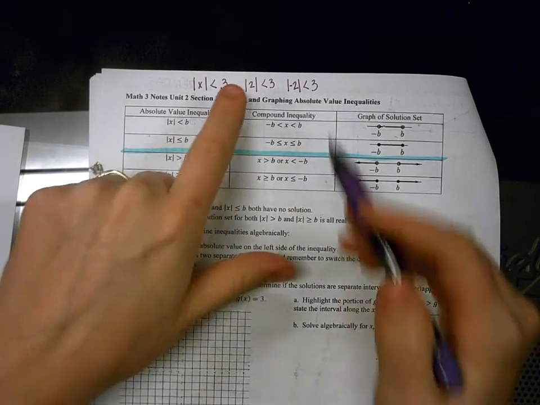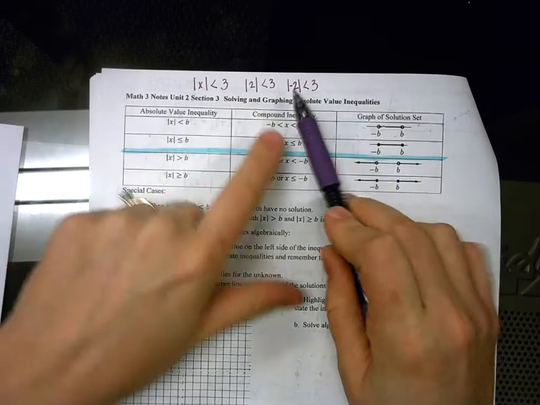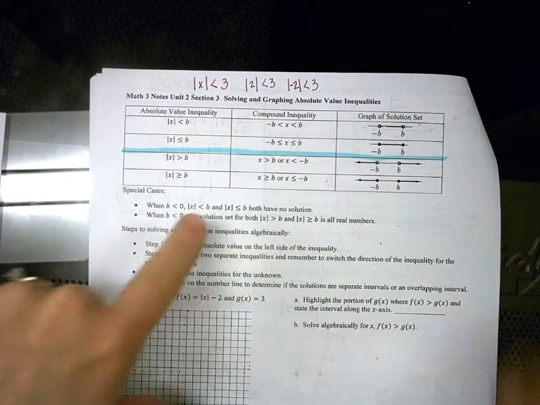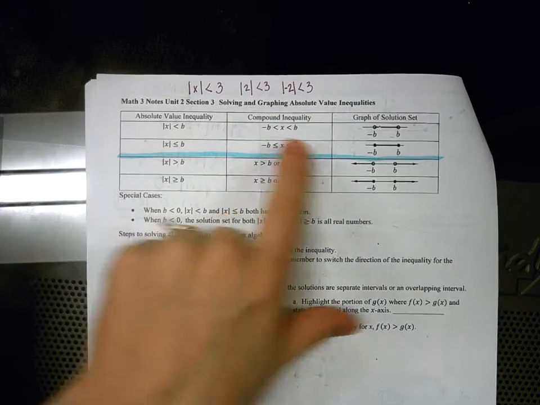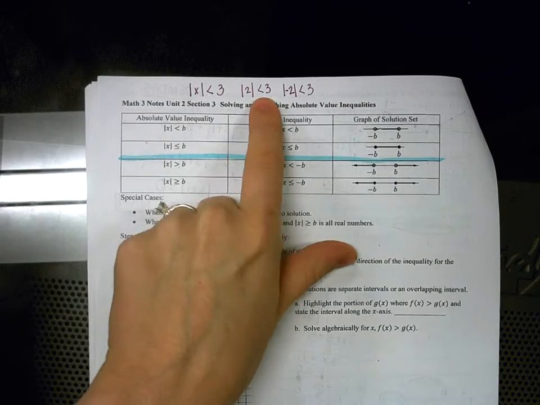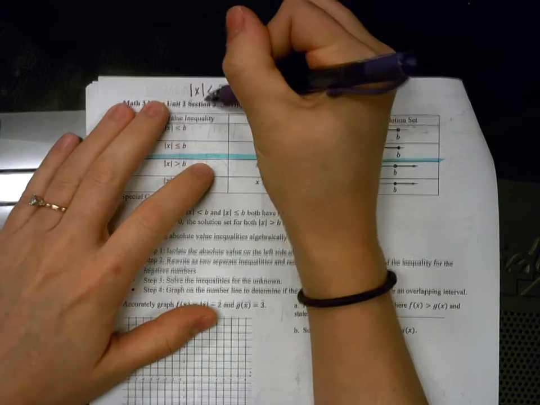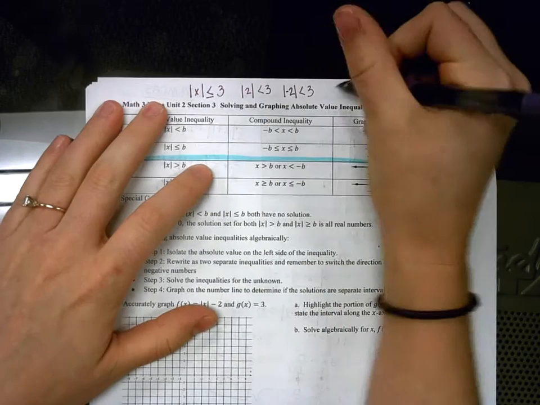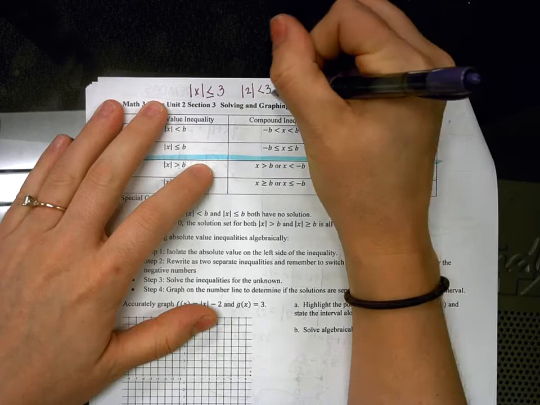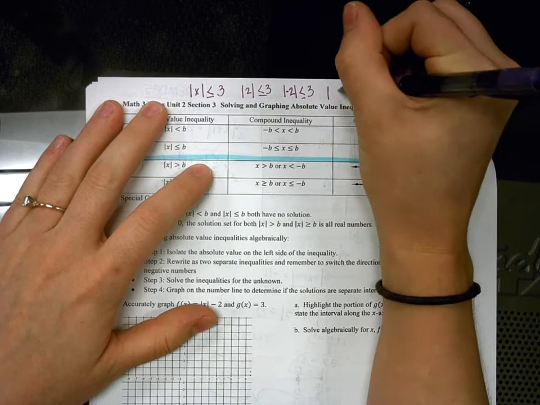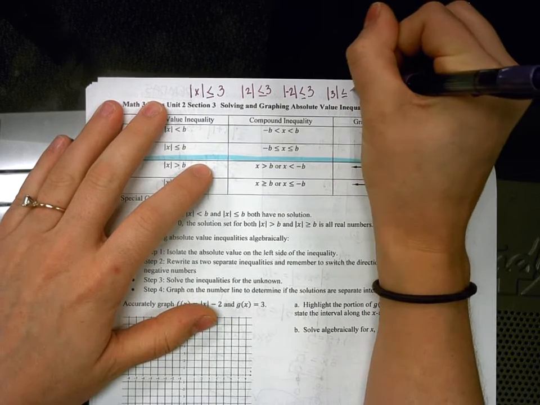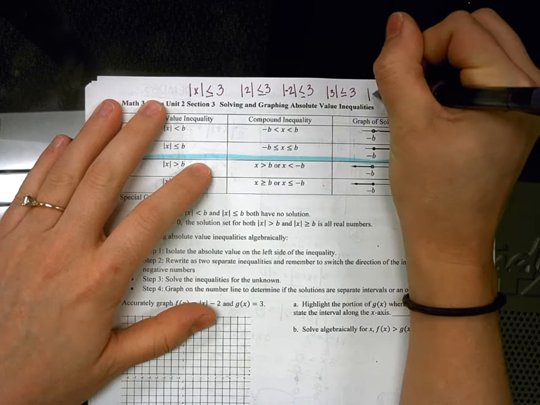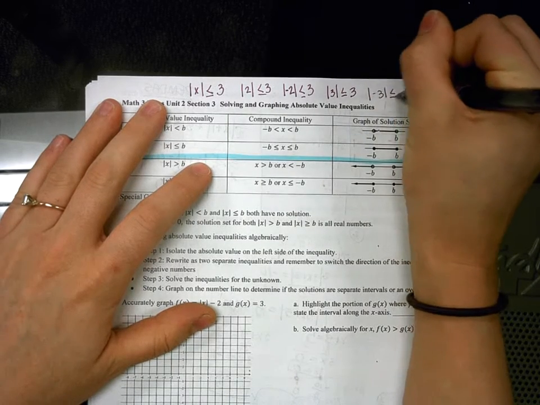So I have a positive version and a negative version. Same thing with 3. I'm going to get an open point if I have no equal to sign, but if I have an equal to sign, I could choose 3: the absolute value of 3 is less than or equal to 3, and the absolute value of -3 is also less than or equal to 3.